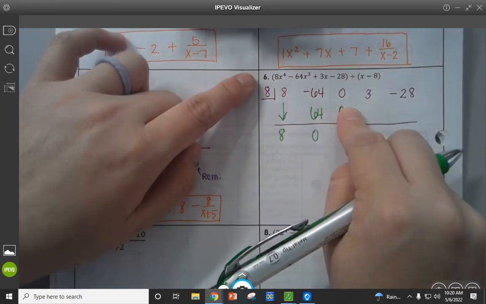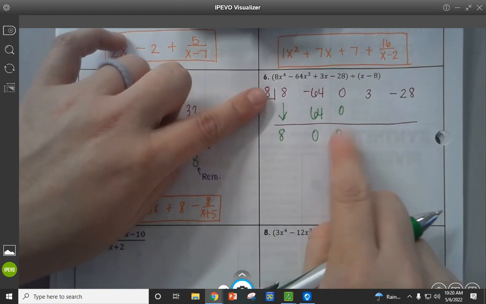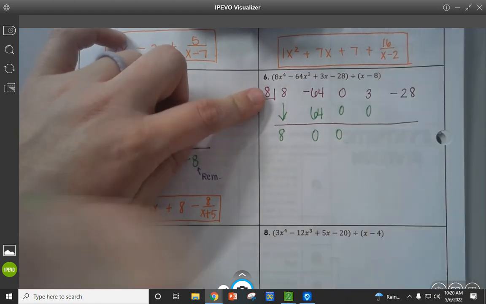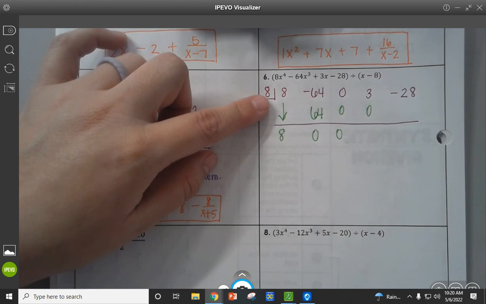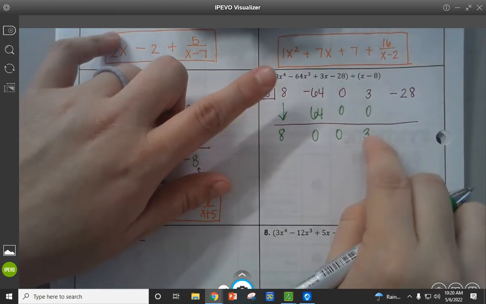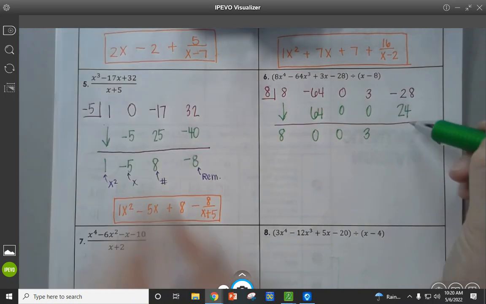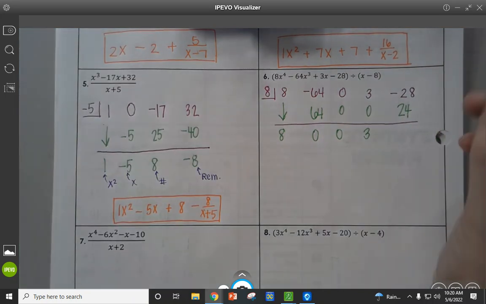What's 0 plus 0? 0. What's 8 times 0? 0. What's 3 plus 0? 3. And 8 times 3? 24. And then what do I get when I add those two? Negative 4. Very good.